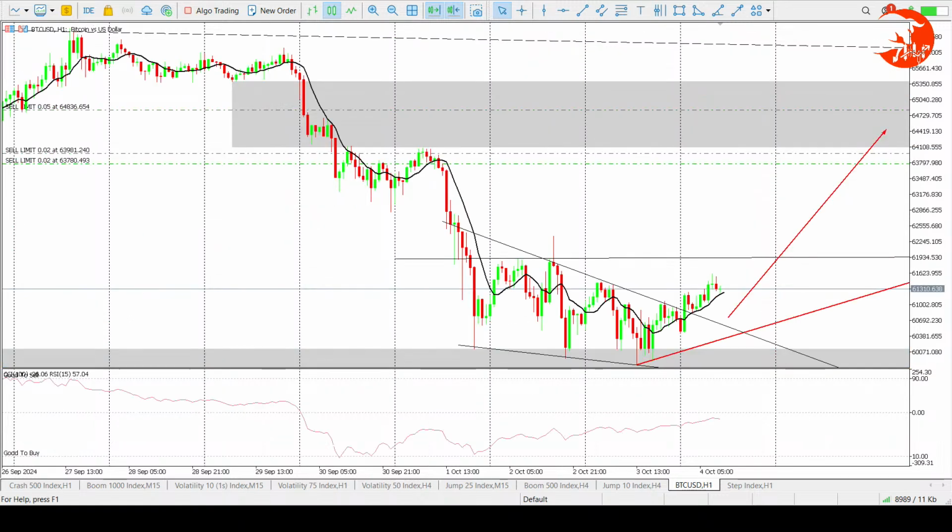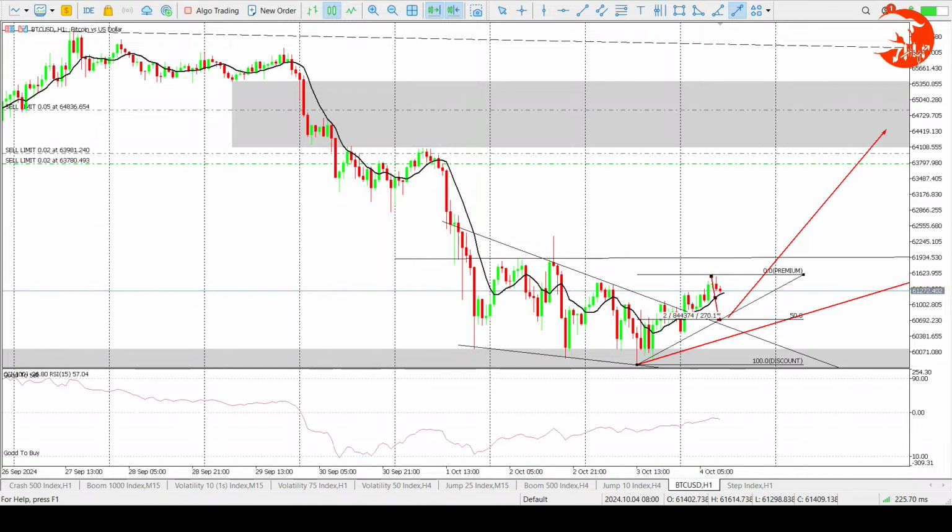Now, if I go to H1, most of the times I want to apply my fib here, which was the last low. I may use the whole of this to wait for something of sort.